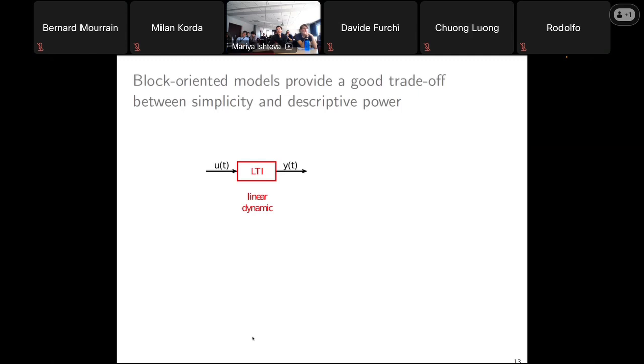And the easier systems are linear systems. And the easiest that we will discuss today are linear dynamic systems. It means that they have a little bit of memory, a little bit like in the Fibonacci example that we have. It remembers a bit about the past. But there are also many non-linearities that they want to fit. And it's very difficult to combine the dynamics of the memory of the system with the non-linearity of the system.